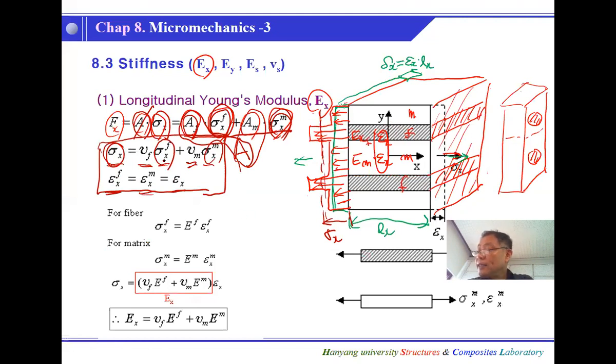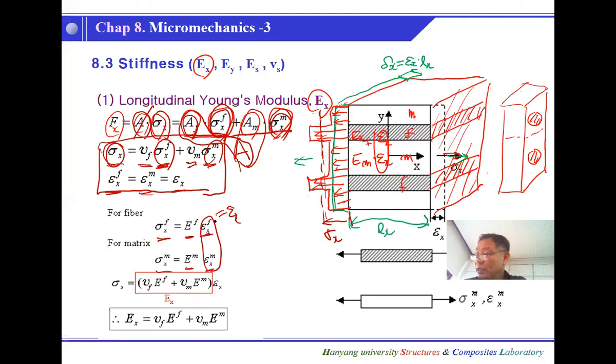This stress is the stiffness of the fiber times the strain of the fiber, and this one is the matrix stiffness and matrix strain. But again, this strain will be the same as epsilon X. That is very simple, but the most fundamental assumption is that the ply, the fiber and the resin have to deform together.